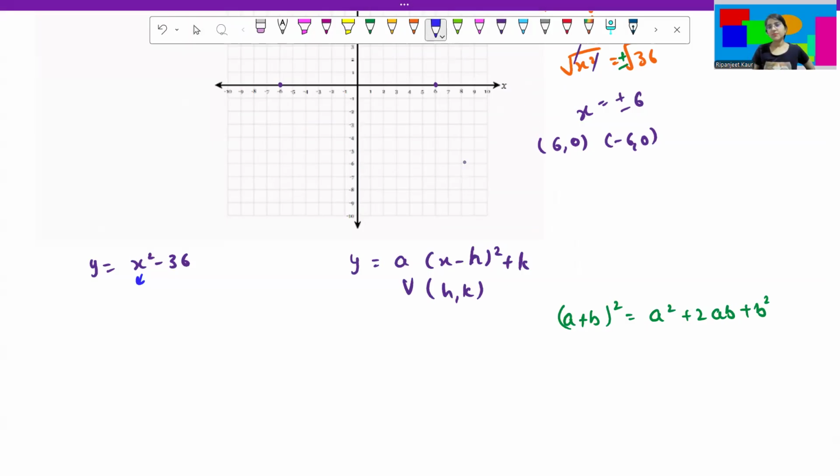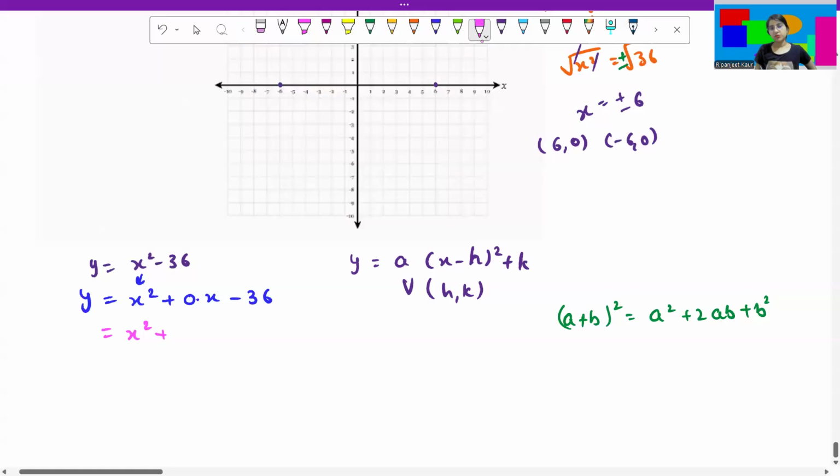We want to make it a whole square, but there is no x term, 0x. That's what is given in the question. So it's a 0x, and we want a number which is 2 times this number times x.